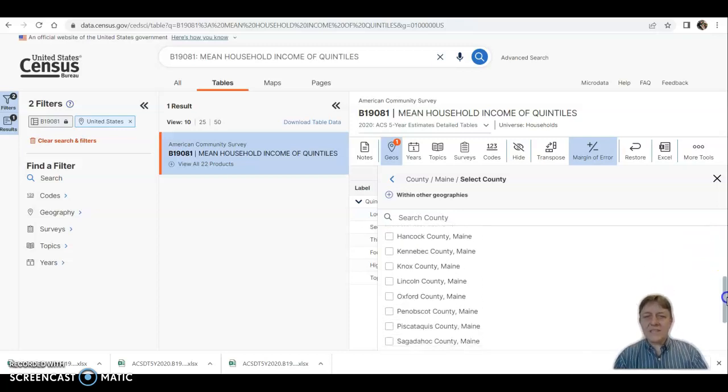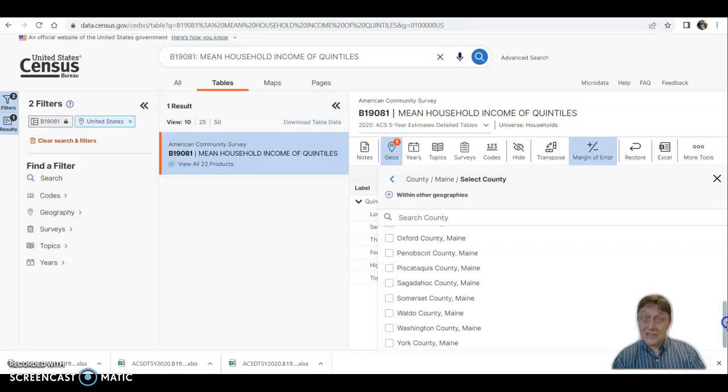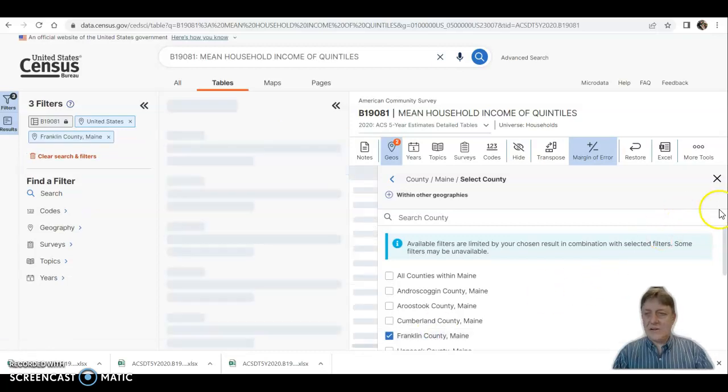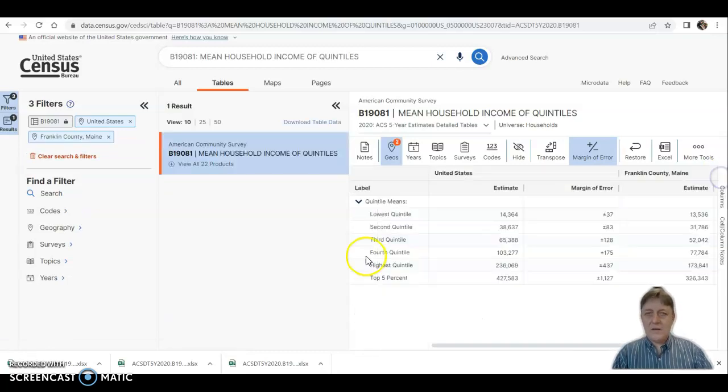So when you have that situation going on, we have 16 counties in the state of Maine. You will have to simply look at a much larger level, but still that information is available. So say for Franklin County, just for example. Now you see we have information on the mean household income of quintiles for both the United States and Franklin County, Maine. We can also download that using the Excel button.